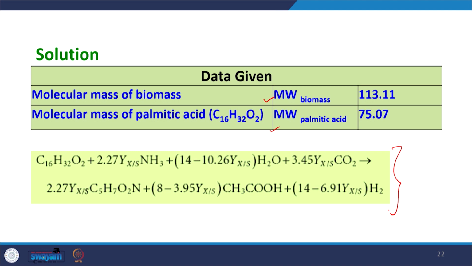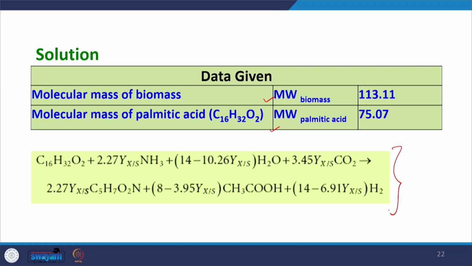Once we experimentally determine the value of Y, we can exactly write the stoichiometric coefficients of this particular reaction. This way we can write the overall growth chemistry under various conditions and find the overall stoichiometry of the equations.